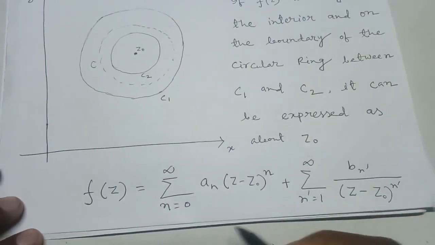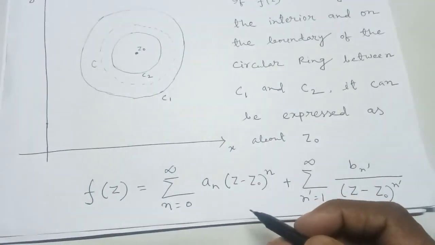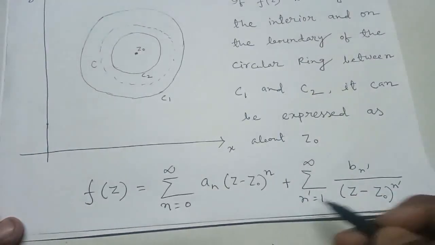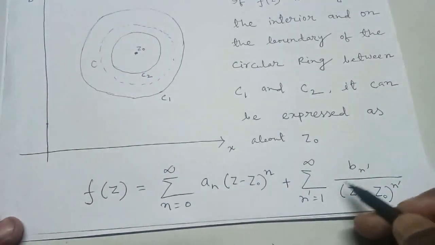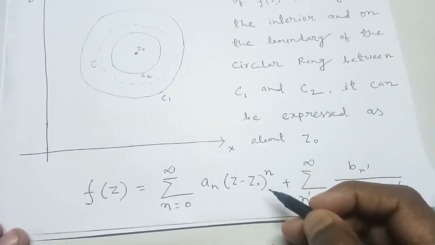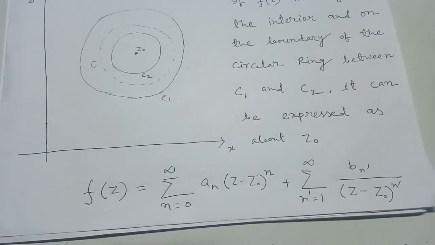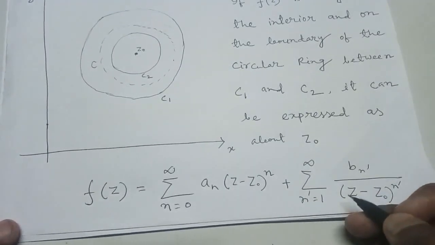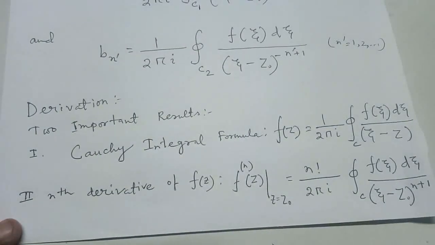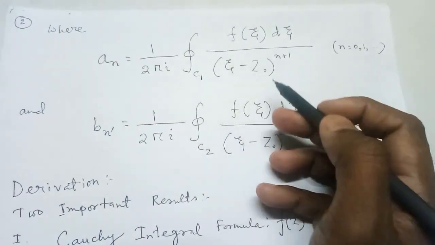So we can see the function of z is expressed as a series consisting of two series, this part and this part. Here we find z minus z0 to the power n, and this is 1 by z minus z0 to the power n prime. Here an and bn prime are defined by these integrations.